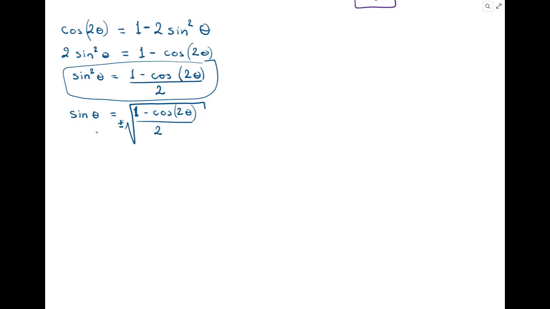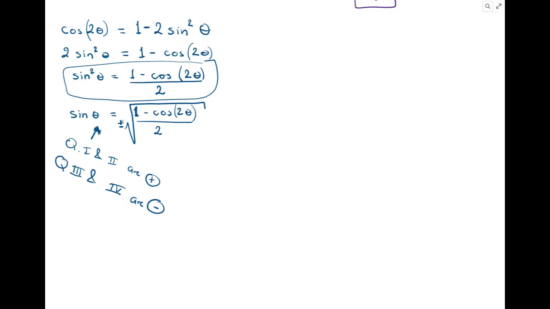That will depend on where this angle, theta, not 2 theta, is located, in what quadrant. So quadrants 1 and 2 are positive, and for quadrants 3 and 4, we're going to keep the negative. So we just have to make sure that we pay attention to that sign issue at the end.